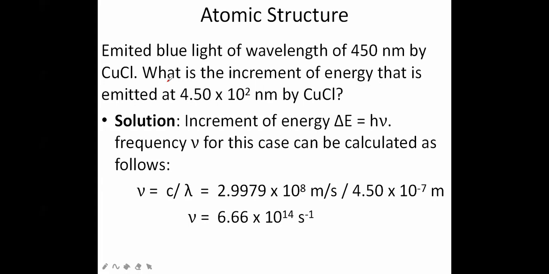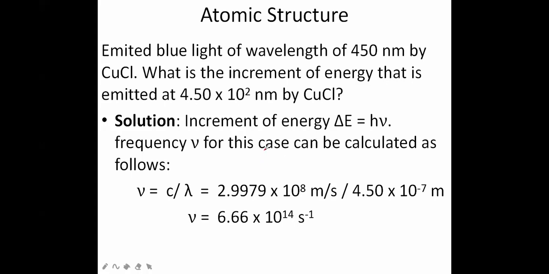We've been told that blue light is emitted at a wavelength of 450 nanometers, 4.50 times 10 to the power 2 nanometers, by copper chloride. What is the increment in energy emitted? So here we've only been given wavelength, and we need to find the change in energy. The formula is change in energy equals h, Planck's constant, multiplied by v, the frequency.